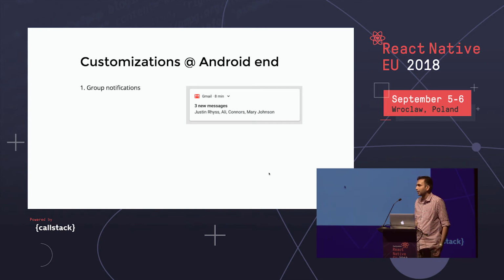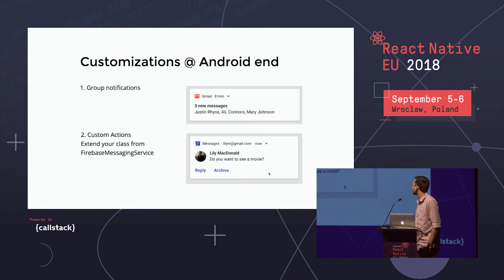So you can do stuff like grouping notifications. In the case of the Gmail app in Android, if you have 3 new messages, instead of showing 3 different notifications, they have grouped it into one, and you can drag it down to see all the information there.